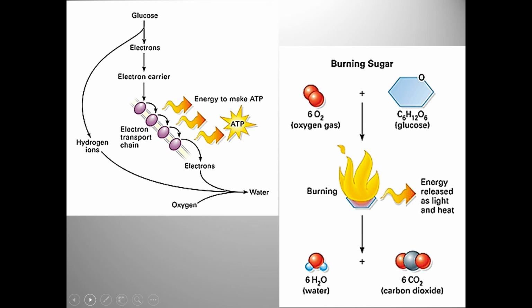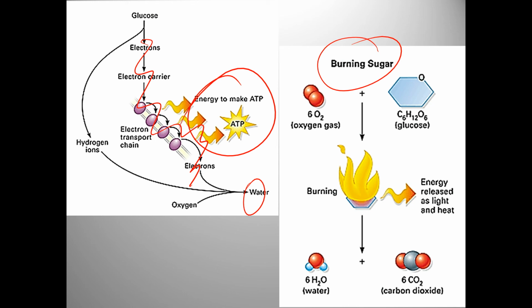If you were to look at the entire process as a whole, and if you were to go from glucose directly, skipping all these intermediate steps, giving oxygen the electrons to form water and produce ATP, you would end up something like this. It's kind of like burning sugar, burning wood. It's a combustion reaction.